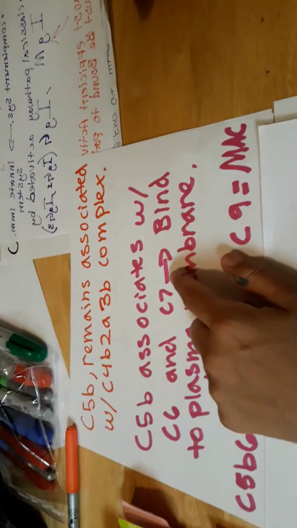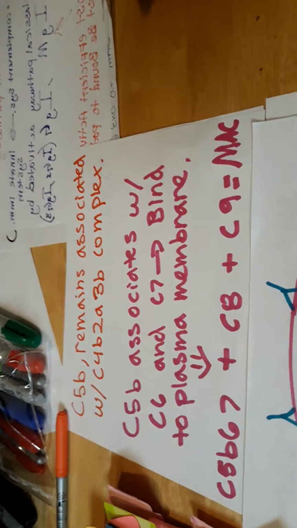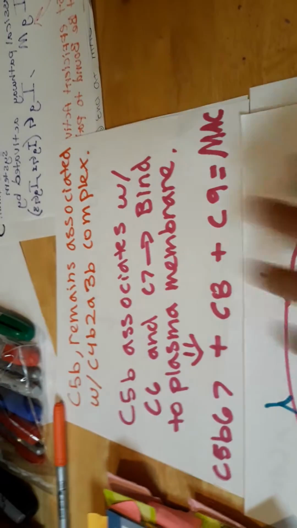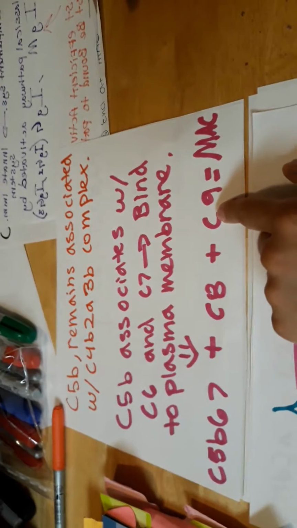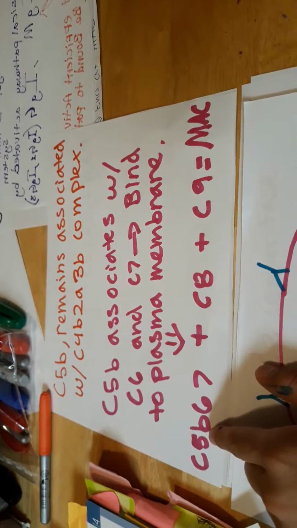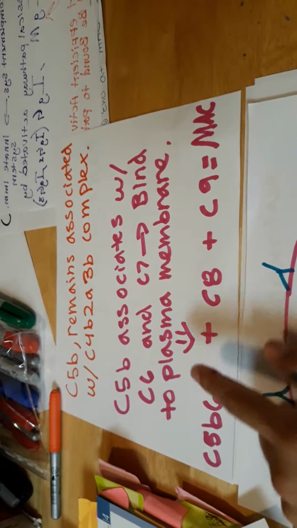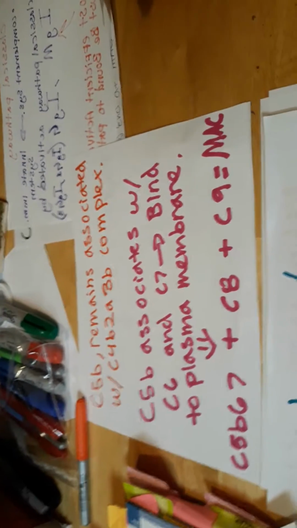C5b will then grab C6 and C7 from the serum, okay? The cascade is still going, kind of, all right? C6 and C7 will also join up with C8 and C9. All of this, C5b, 6, and 7, plus C8 and C9, is the membrane attack complex.